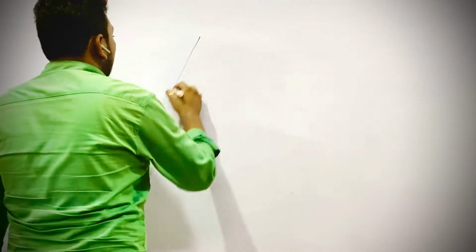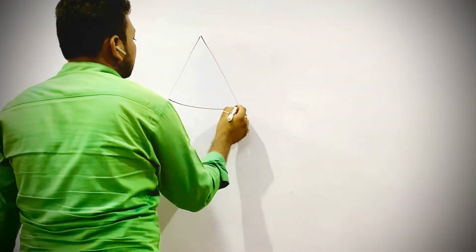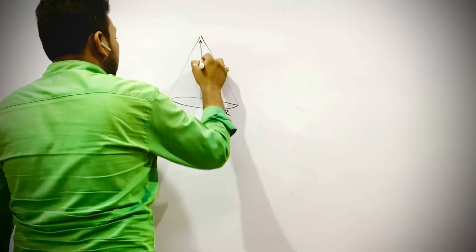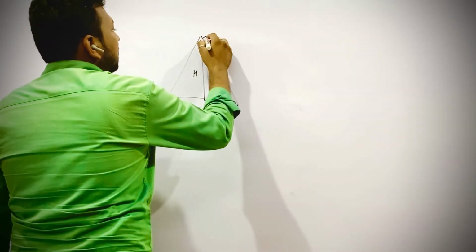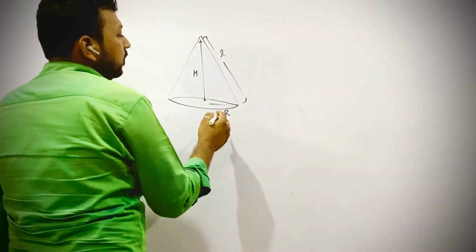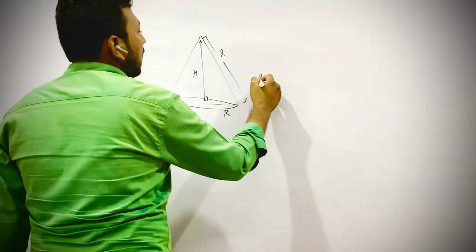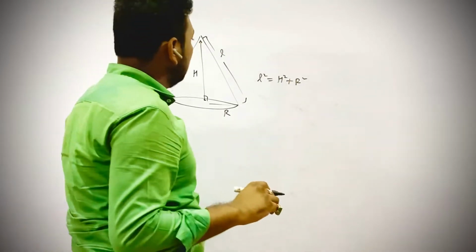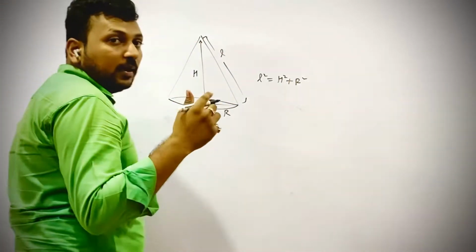Yeah. And what else is left? So if you have a cone, right? So this is r, this is h, and this is the slant height L. So first of all, this is a right angle triangle. You can write down L square is equal to h square plus r square. This you can use. What is the area of the curved surface?